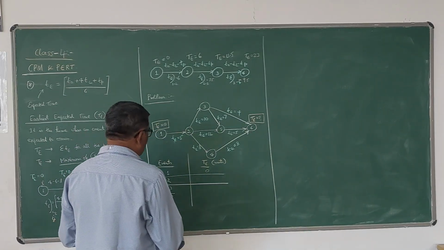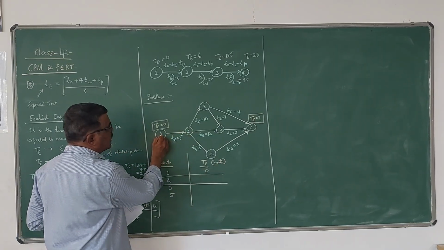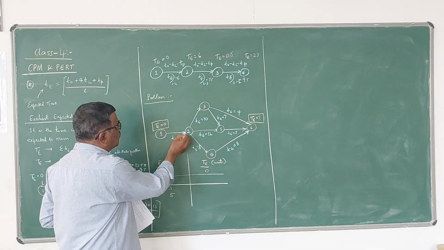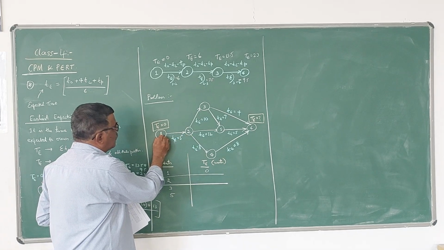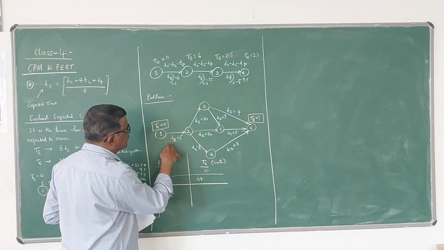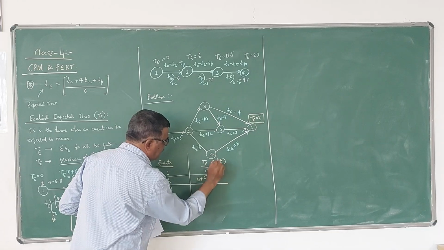Here, for 2, what happens? 2 is connected to only one predecessor event. So for 2, T of 1 we have to take, which is 0, plus small t of 1,2, which is 5. So this is 5.